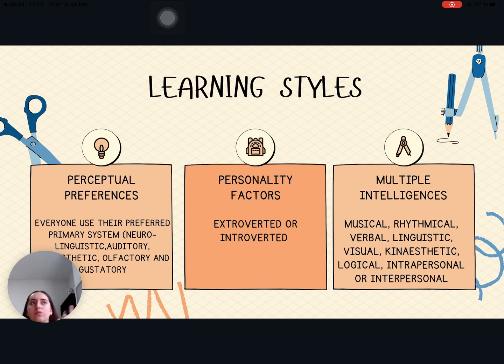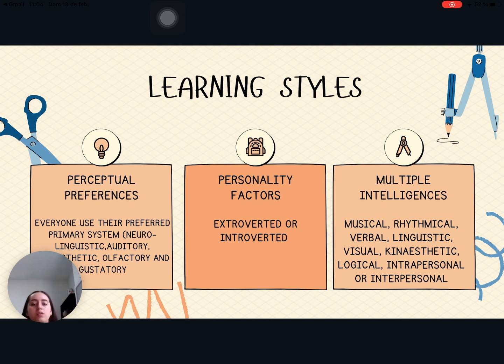Auditory, related to what we hear. We have kinesthetic, related to movement. We have olfactory, related to the sense of smell, or we have gustatory, related to the sense of taste.